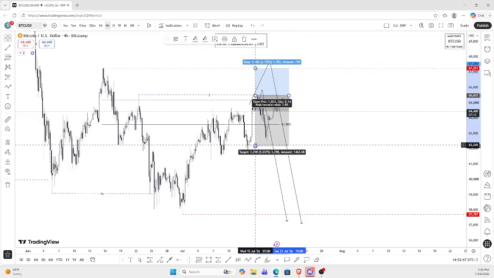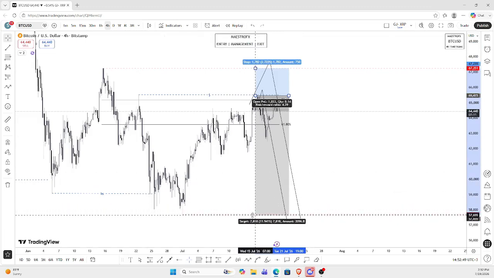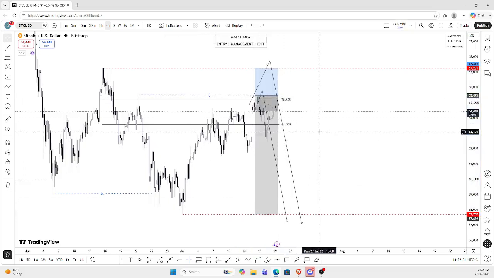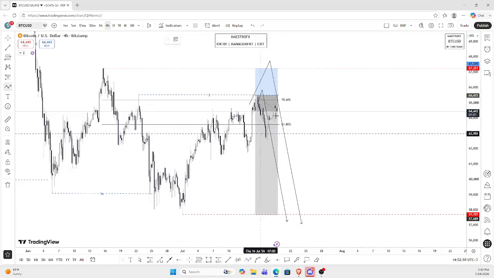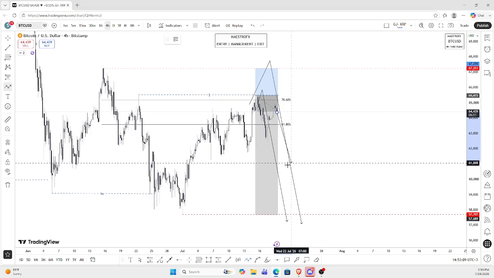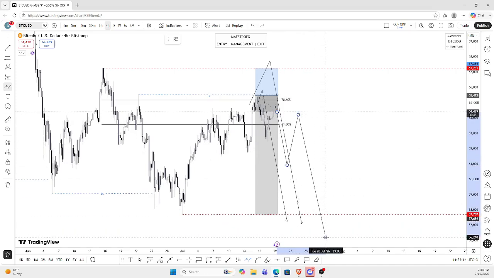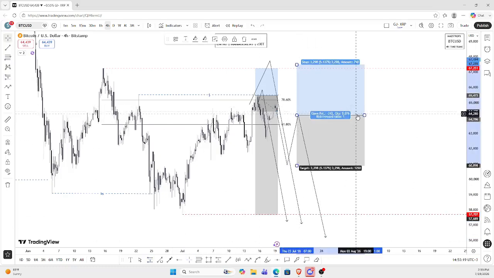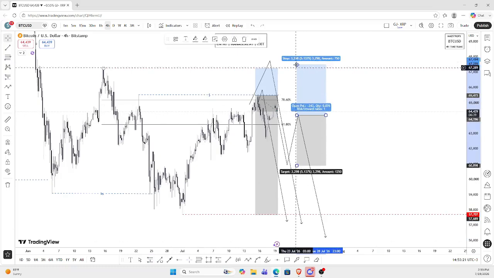Probably you could take those aggressive shorts, but still, if you cannot take this aggressive short, you can just wait for the price to shift lower, break structure to the downside, wait for that retracement, and take that short position and push the price lower.